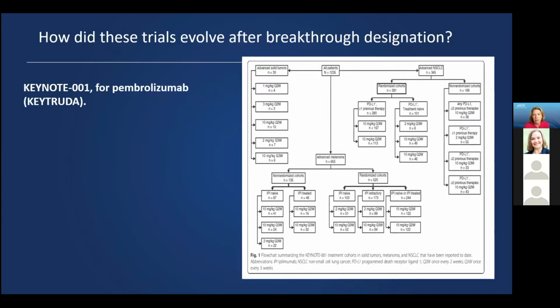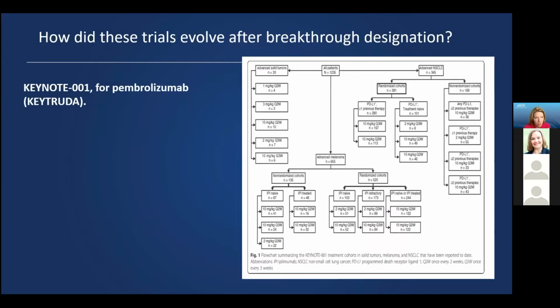And then you can see, if you look at this slide here, that not only were there disease-specific cohorts, you can see melanoma is included here and non-small cell lung cancer. But if you look closely at the different little boxes on here, what you see is quite a range of different doses.